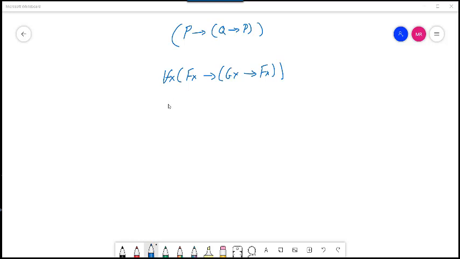And a model is a structure in which the predicates and the names are given specific interpretations by attaching them to particular objects in the model.